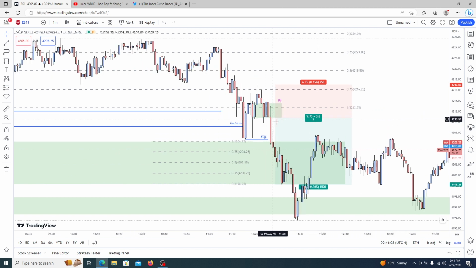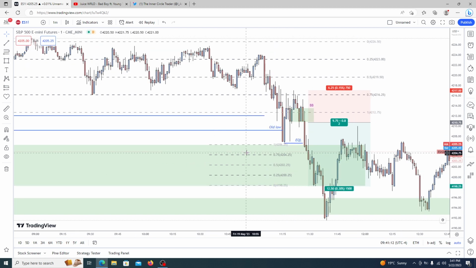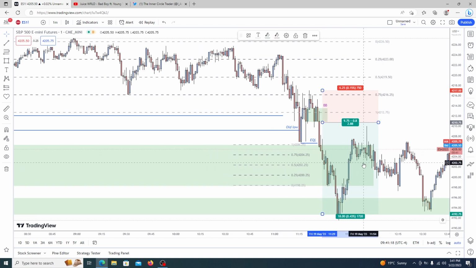And then price subsequently traded lower, and as price targeted this top fair value gap, you could also have expected the lower one to be filled.